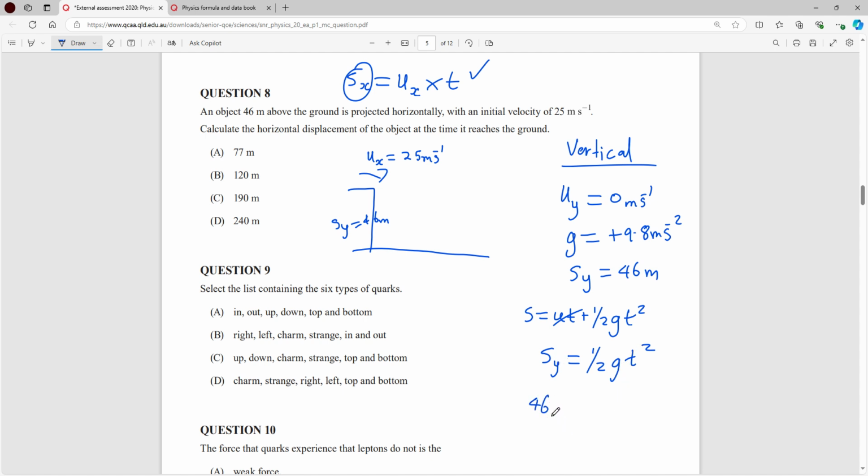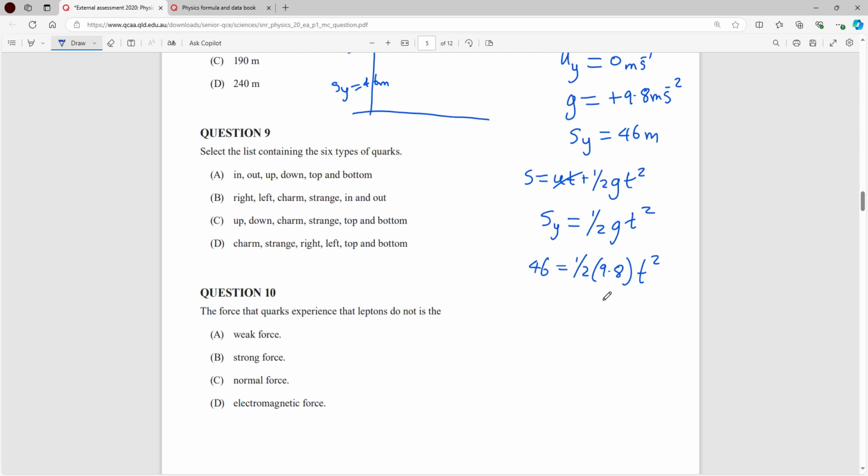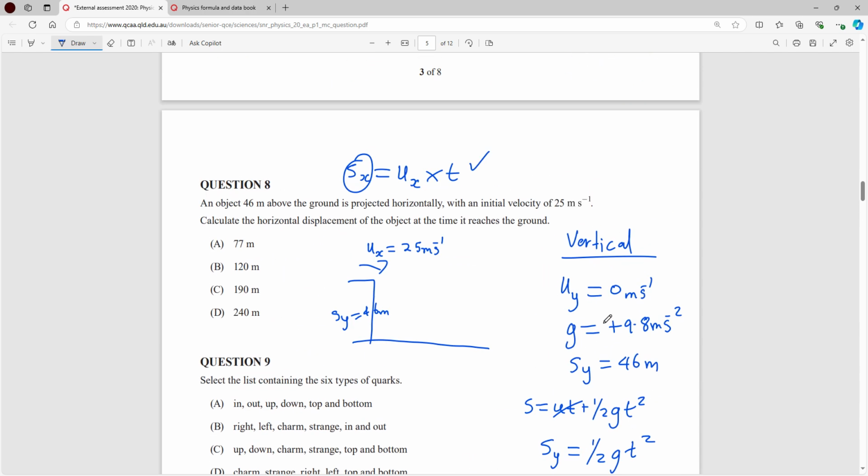So 46 equals a half times 9.8 times t squared. If you want, you can put that in your calculator and solve it, but here I'll just go, so 46 divided by a half times 9.8, and then square root that, okay? Now here, this will give you approximately, I think, about 3 seconds. So here, if your time of flight is 3, your horizontal distance, so u x, will be 25 times 3.